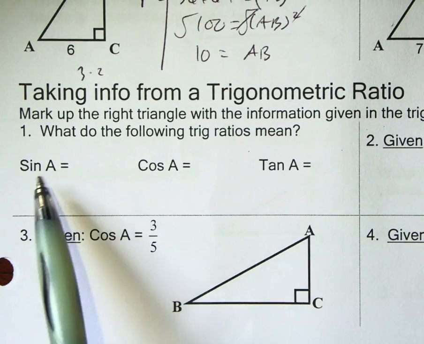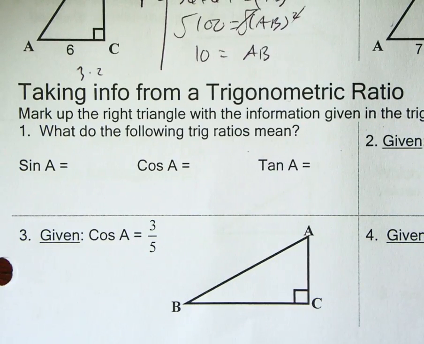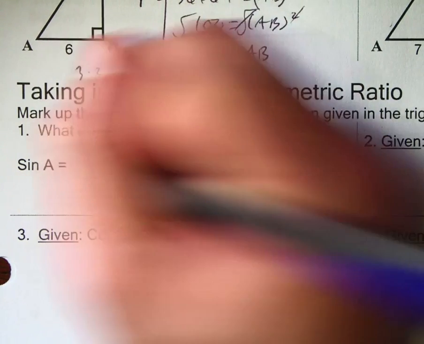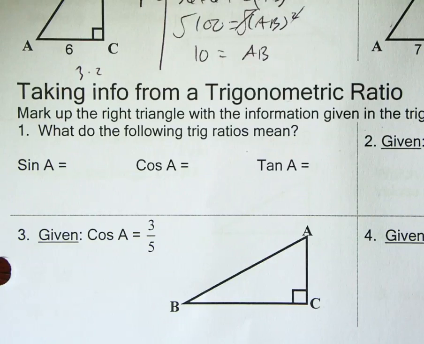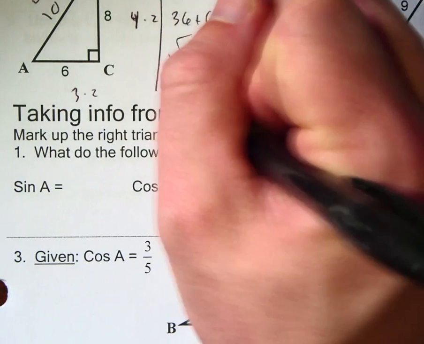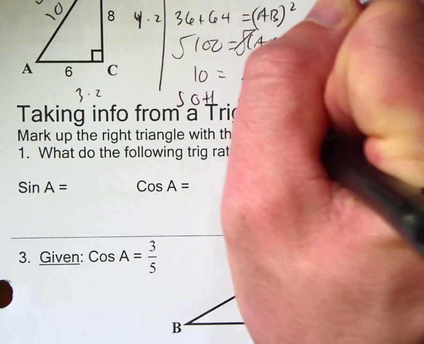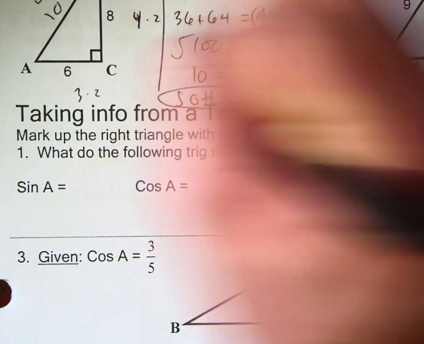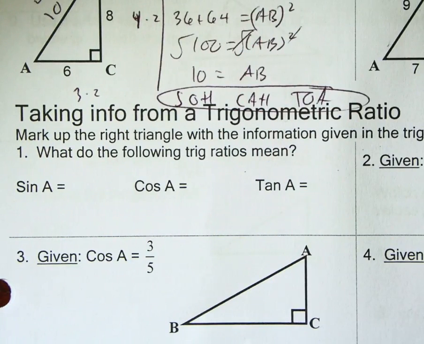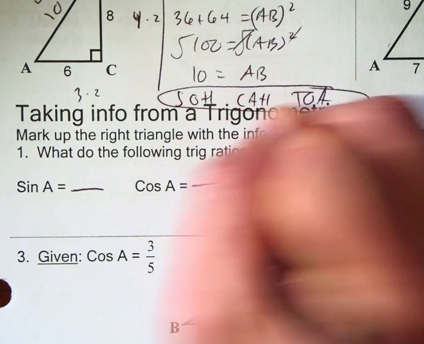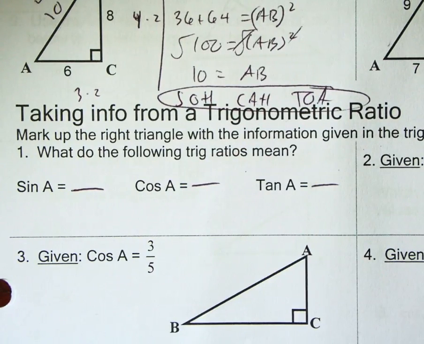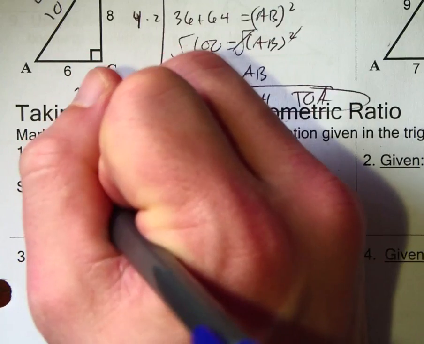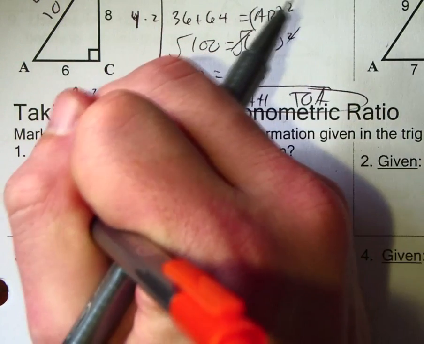Now, before I get to that, do you remember what sine, cosine, and tangent are? You should remember that sine, okay, if we write SOHCAHTOA, we'll just write it right here. SOHCAHTOA should go at the top of every page. All right. Sine, if you remember, is opposite over the hypotenuse.